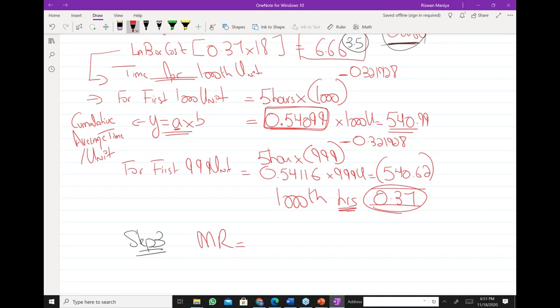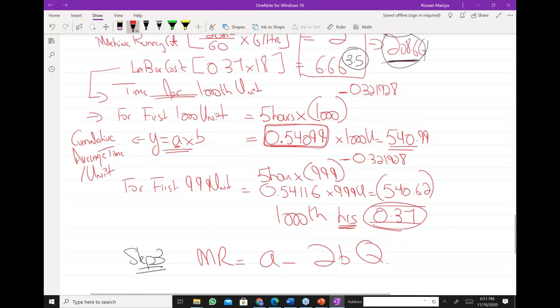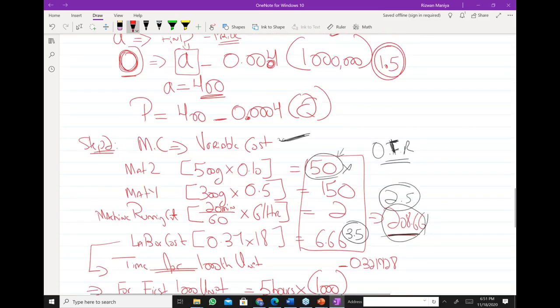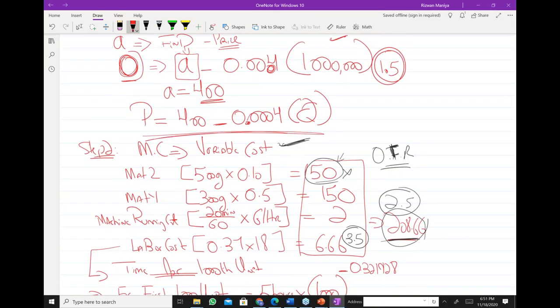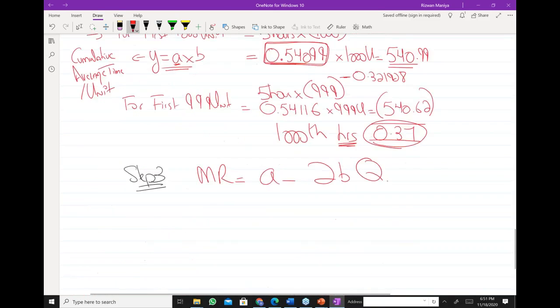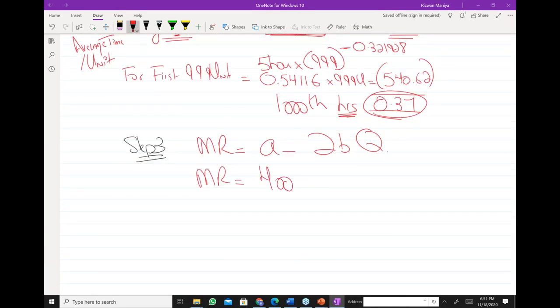MR is equals to A minus 2BQ. So if I use the demand function, this one, so let's write here, MR is equals to 400 minus 2BQ. So I will multiply, double the gradient, right?